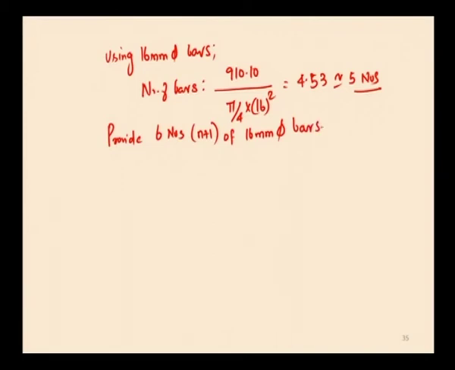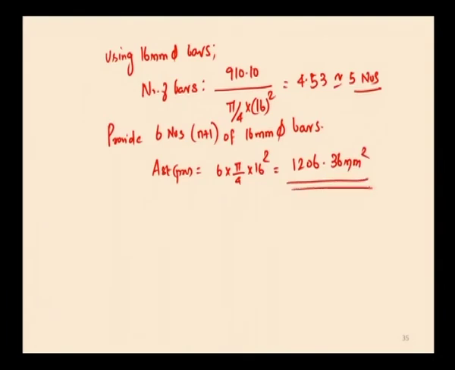This is the area of reinforcement provided for the base slab. So, Ast provided here is 6 numbers of pi by 4 into 16 square, which must be equal to 1206.36 millimeter square. This is the main reinforcement.